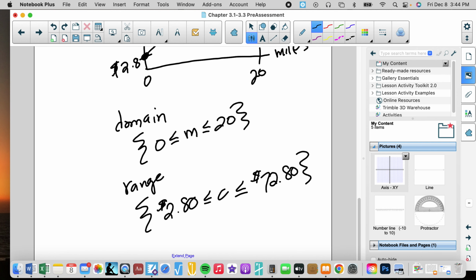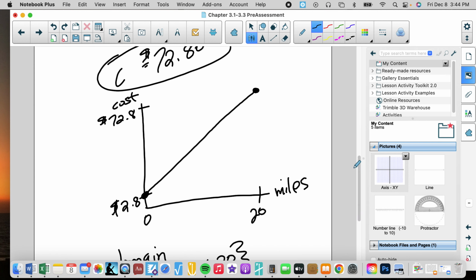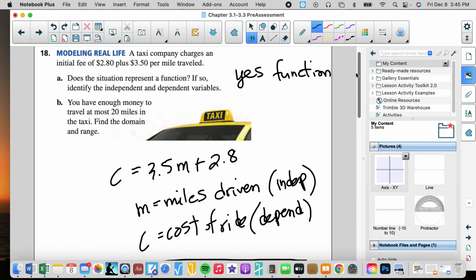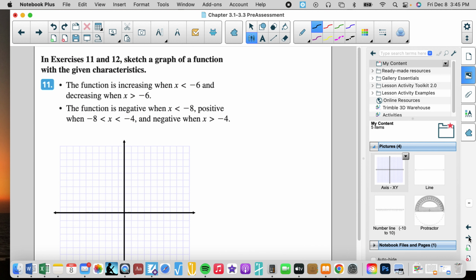So that is the range of how much I have to spend. Okay, that was kind of tricky, but a good one. You have enough money to travel at most 20 miles, find the domain and range. So those would be the domain and range.